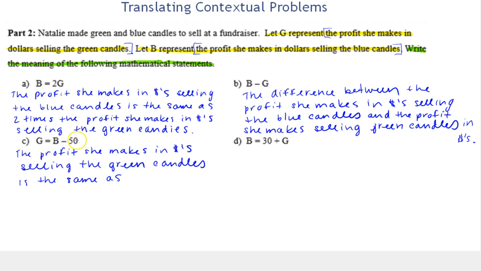So B minus 50 is a difference, or we could think of this as 50 fewer than the profit she makes selling blue candles. And let's use that one. Either one is correct. We don't have to use either form, but since this is a number, I prefer that. Okay, so it is the same as, and what would it be? It would be $50 fewer than the profit she makes selling blue candles.